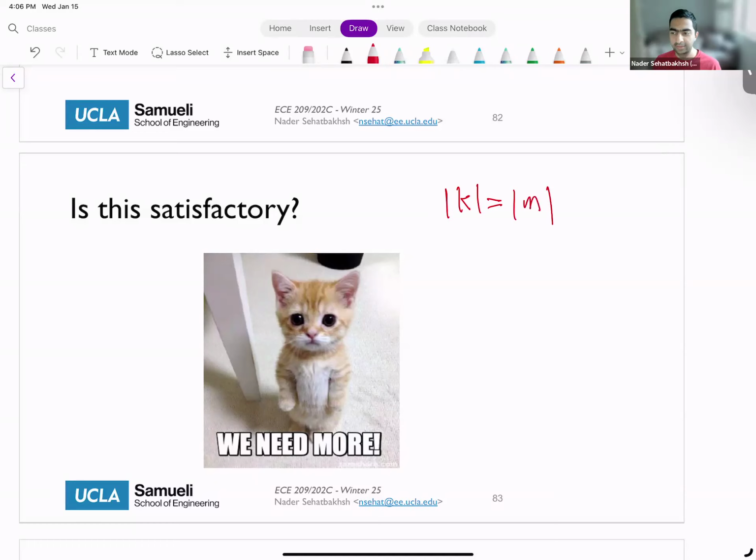So we said we need to do something about this, and that's where we introduced the notion of semantic security, which essentially said that instead of using the full K, we can use an S. The size of S is much smaller than K. The trick is that we introduce a new function called G: you send S and you get K, and this K is the same size as the message.